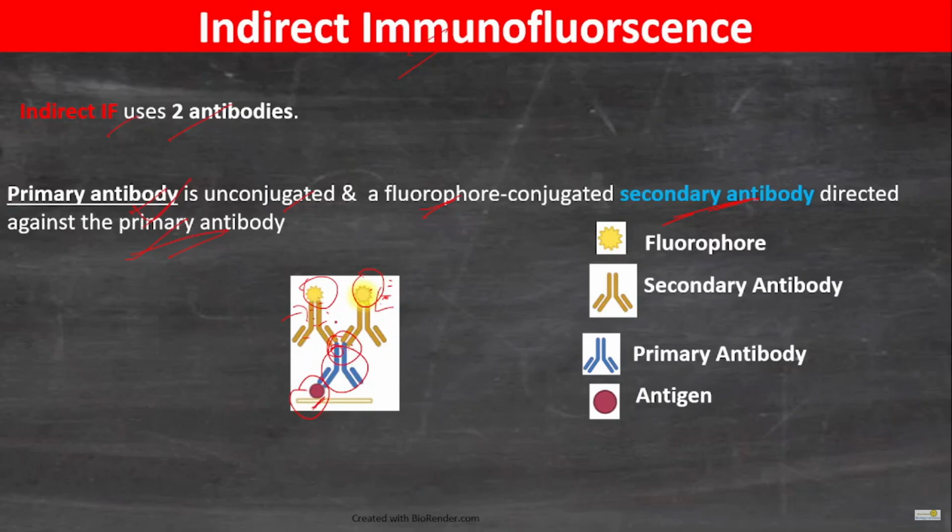Therefore, this is called indirect immunofluorescence, because the fluorophore-conjugated secondary antibodies are not directly binding to our antigen of interest, rather they are binding to our primary antibody. And in indirect immunofluorescence, multiple fluorophore-conjugated secondary antibodies can bind to the primary antibody, and that can result in amplification of the signal.